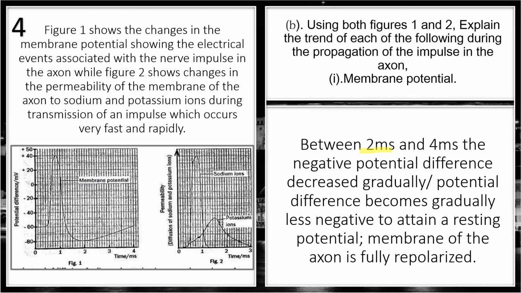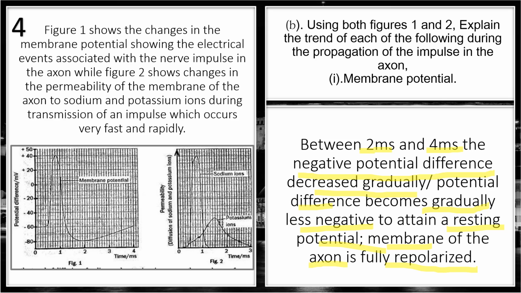Between 2 milliseconds and 4 milliseconds, the negative potential difference decreases gradually. The potential difference becomes gradually less negative to attain the resting potential. The membrane of the axon is fully repolarized.